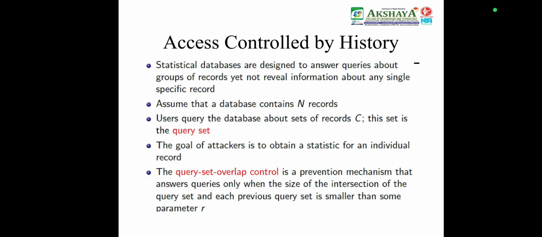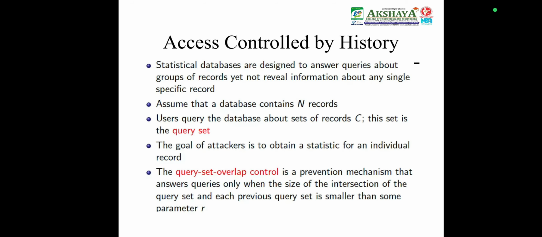Access controlled by history. Statistical databases are designed to answer queries about a group of records yet not reveal information about any single specific record. Assume that the database contains n records. Users query the database about a set of records C. The set is the query set. The goal of the attacker is to obtain a statistic for an individual record.